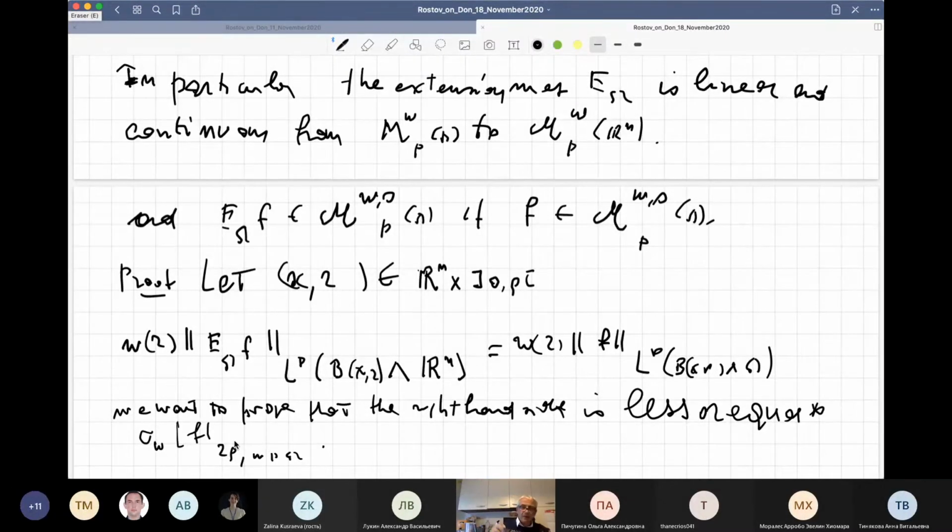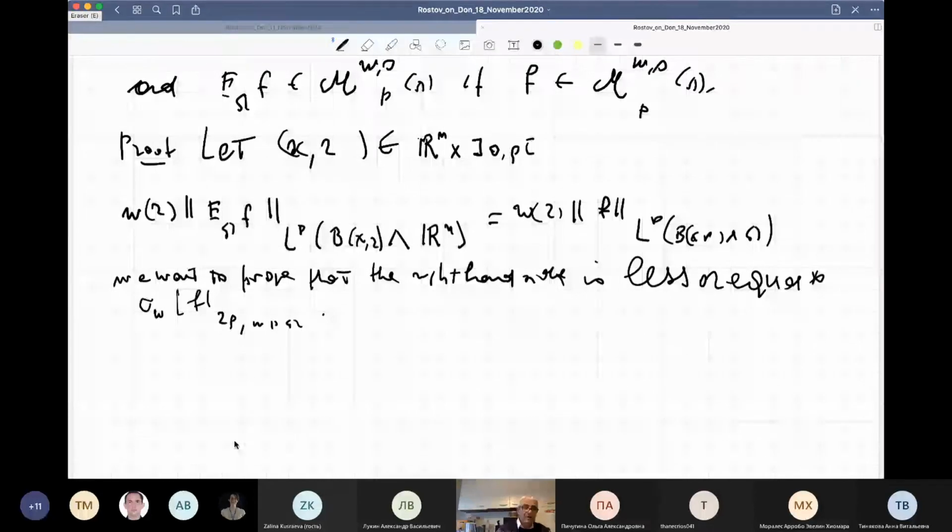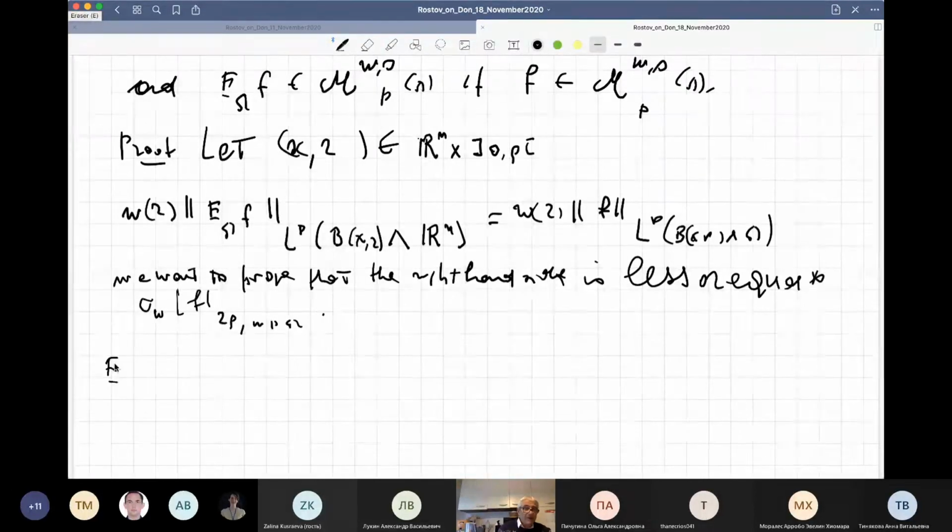And there are two choices. We have selected an x, right? And we have selected a radius.